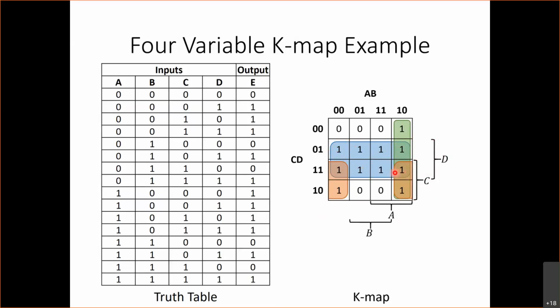Okay. Now let's look at this green rectangle over here that covers this entire column. What does this green rectangle represent? Right, exactly. So it represents A and not B.